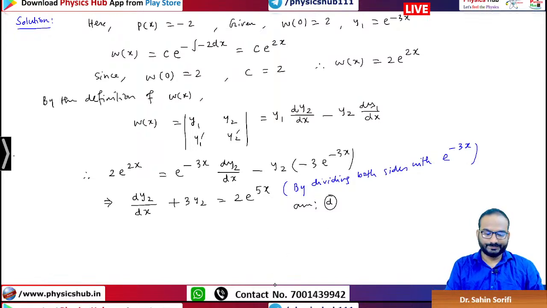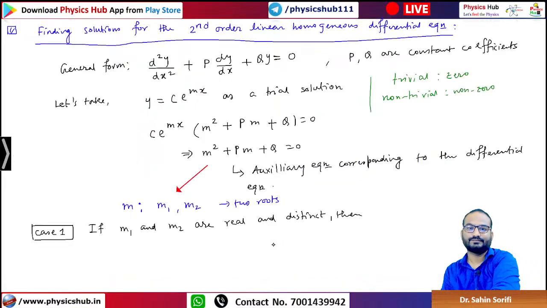Got it? If you divide by e to the power minus 3x, this is gone, this is gone, and e to the power 2x by e to the power minus 3x gives e to the power 5x. Okay. Chalo.